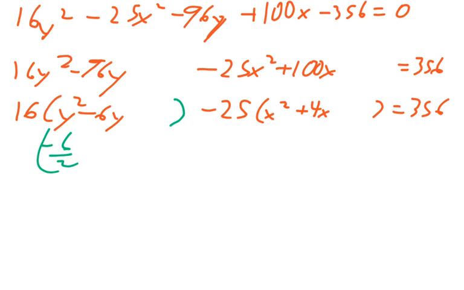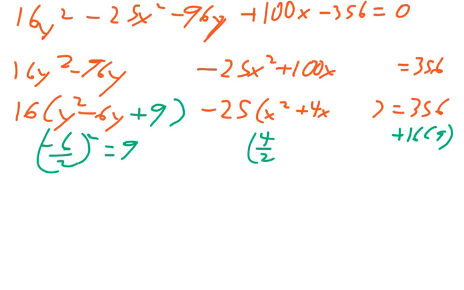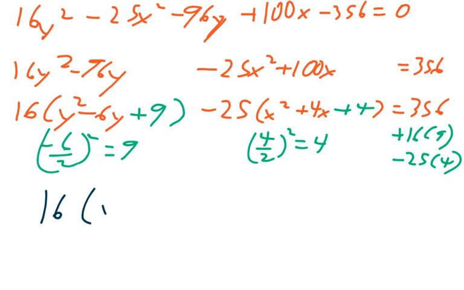-6 divided by 2 squared turns out to be 9. So I add 9 here, add 16 times 9 over here. 4 divided by 2 squared is 4. So I add 4 here, and I subtract 25 times 4 over here. Factor. Two numbers that multiply out to be 9 add up to be -6.